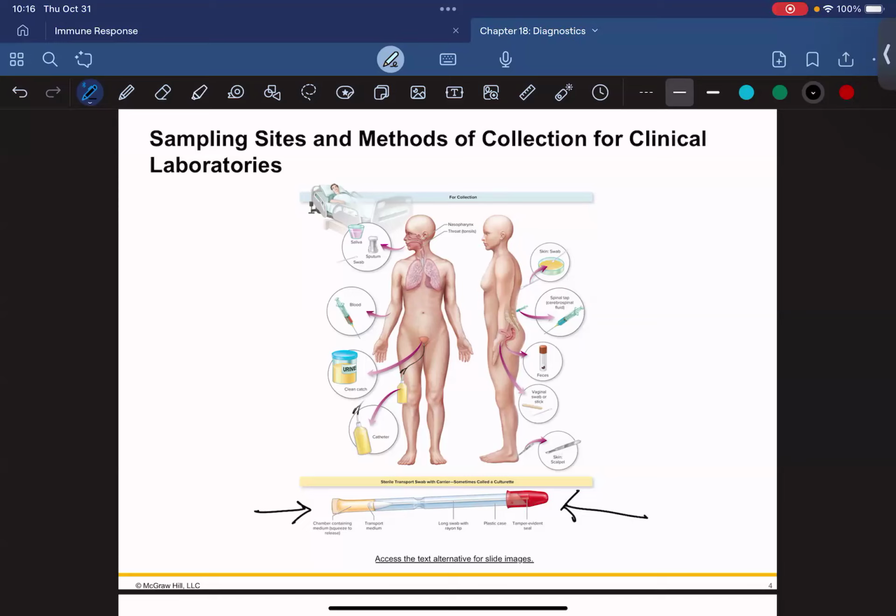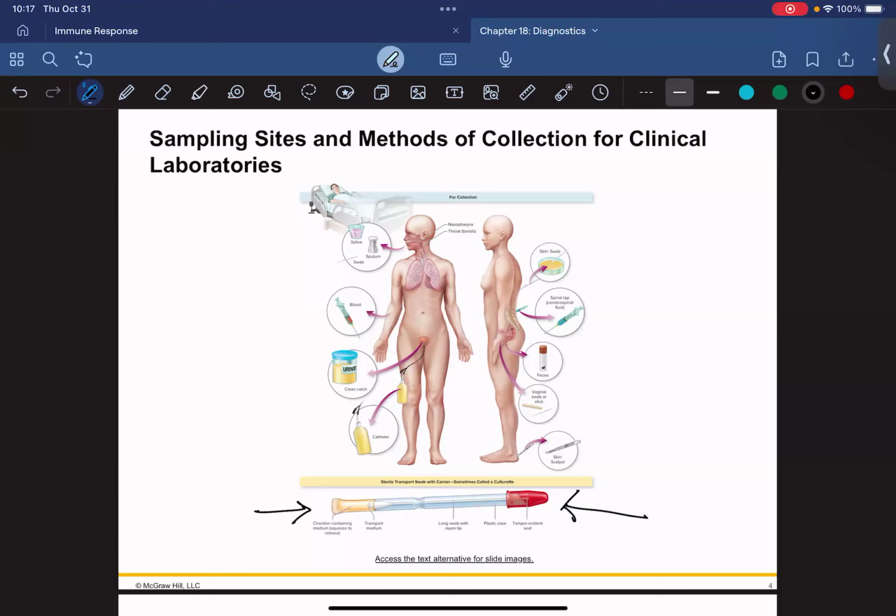There's a swab inside of these that you'll pull out, swab your thing and put it back in. Sometimes there's goo or liquid at the bottom that'll keep that bacteria happy until it gets to the lab. Sometimes there's a little vial that you'll have to crack that'll release that liquid.